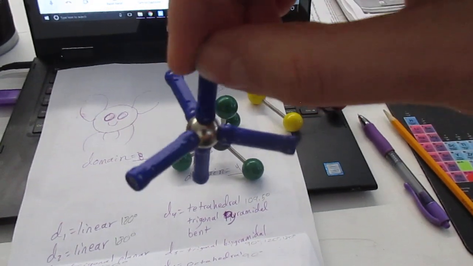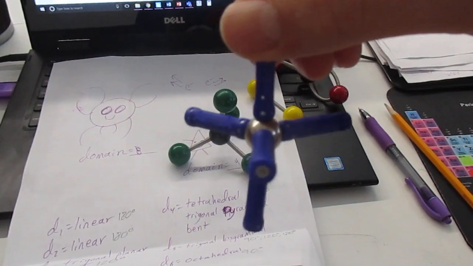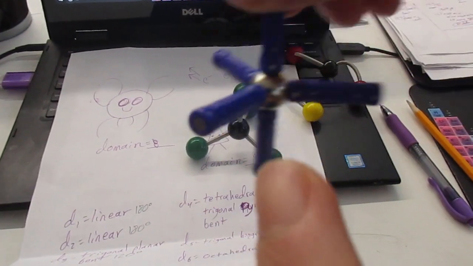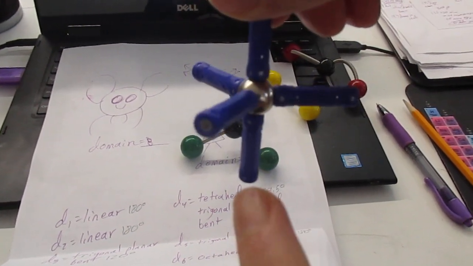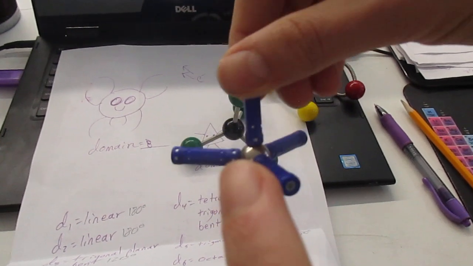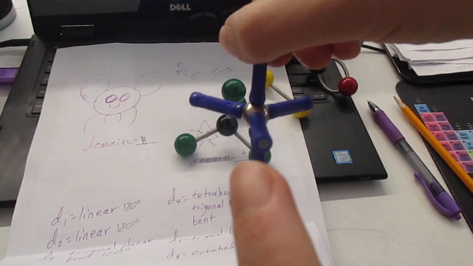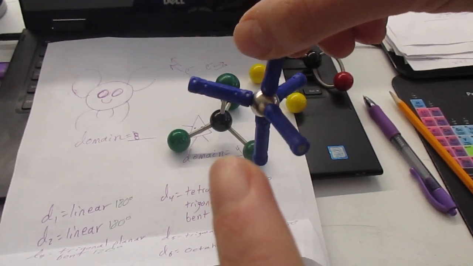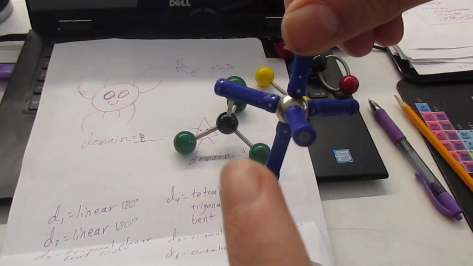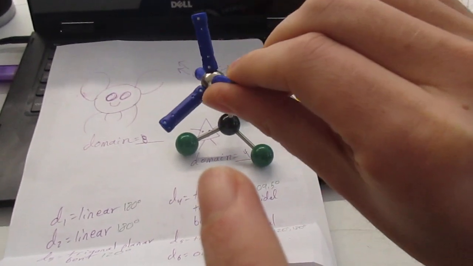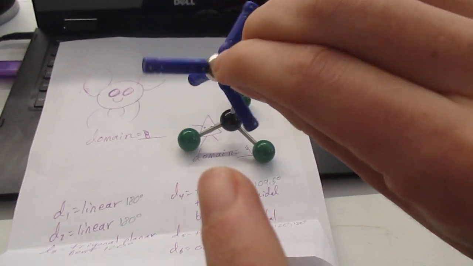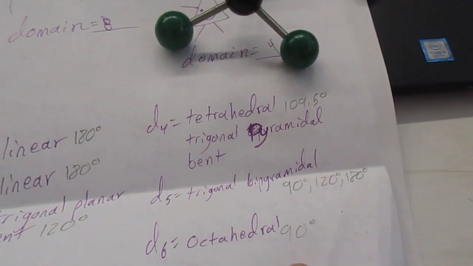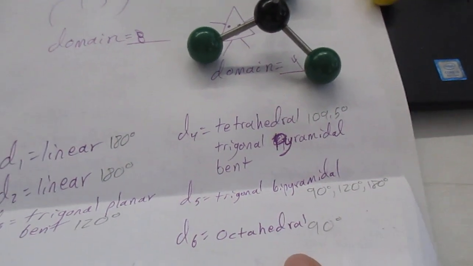Here's a trigonal bipyramidal. Again, the top and bottom ones here, that's 180 from the one I'm holding to the bottom one. But there's a 90, 90, 90, 90, 90, 90, and there are some 120s. 120, 120, 120. And you can see all of them are represented right here.